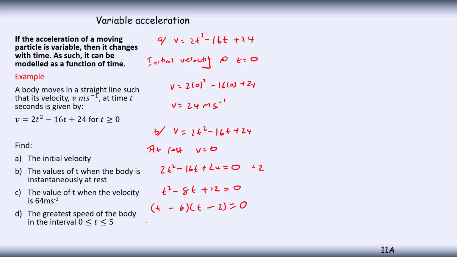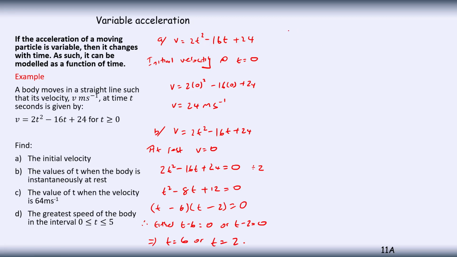So either t minus 6 is equal to 0 or t minus 2 is equal to 0, which means that t is equal to 6 or t is equal to 2 when it's instantaneously at rest.